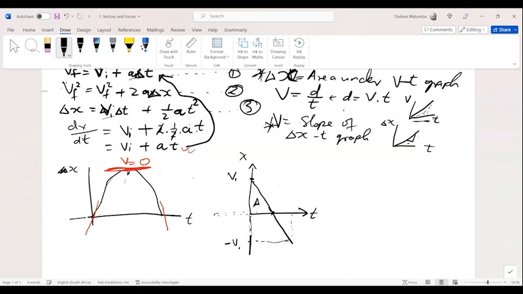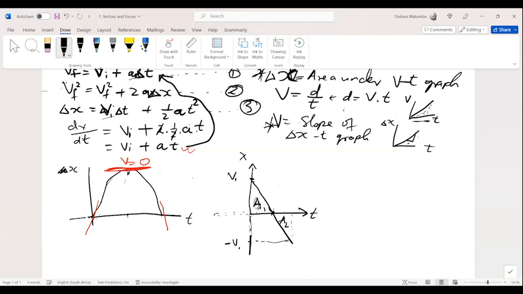Now, let's say this is area 1, area under the graph, area 1, area 2. As you can see, as the object is moving from that time to that time, your displacement, you will get it there. So it will be that area.